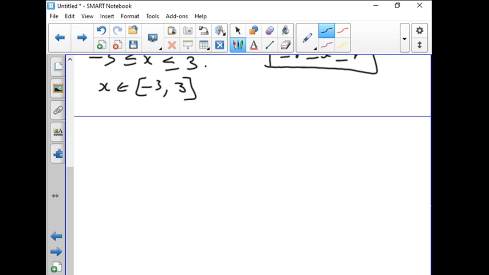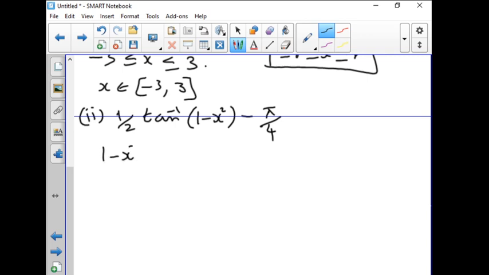What about the second subdivision? Second subdivision is 1 by 2 tan inverse of 1 minus x square minus pi by 4. We have seen already that we have to take only the argument. So what is the argument here? 1 minus x square. Here it belongs to minus infinity comma infinity.